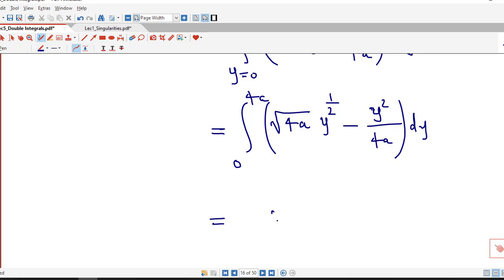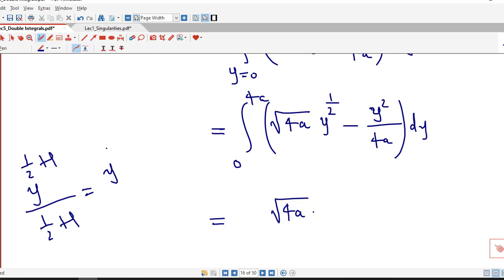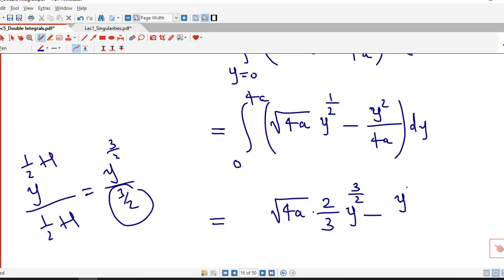So this is now square root of 4a. Integral of y raised to 1 by 2 is y raised to 1 by 2 plus 1 divided by 1 by 2 plus 1, that is y raised to 3 by 2 divided by 3 by 2, and if we take this in the numerator we have 2 by 3 times y raised to 3 by 2 minus integral of y square is y cube by 3.